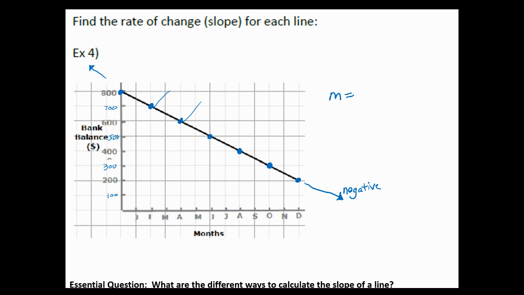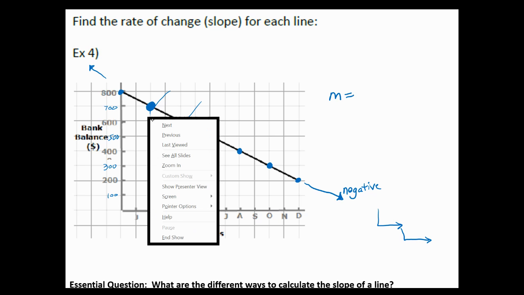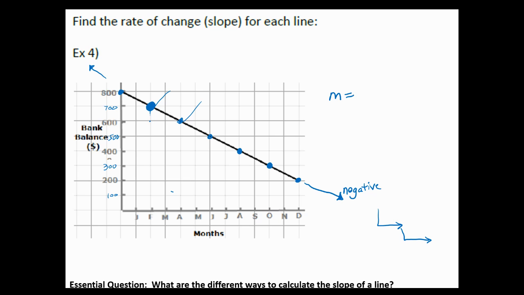So if that means it's negative, that means our slope, when we count it, we go down and over, right? So you put your pen at the beginning spot. I'm making it really big right now. We count down 1 box and then go over 2 boxes. Again, counting down 1 box and then over 2 boxes.